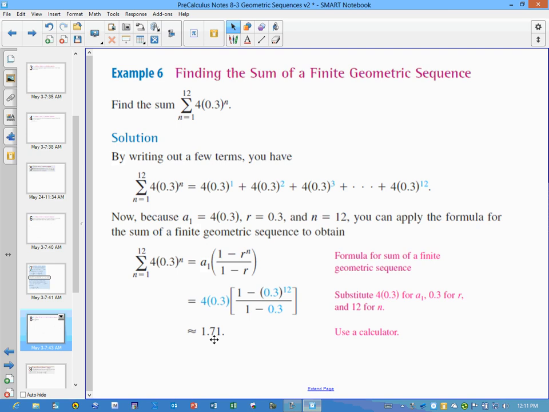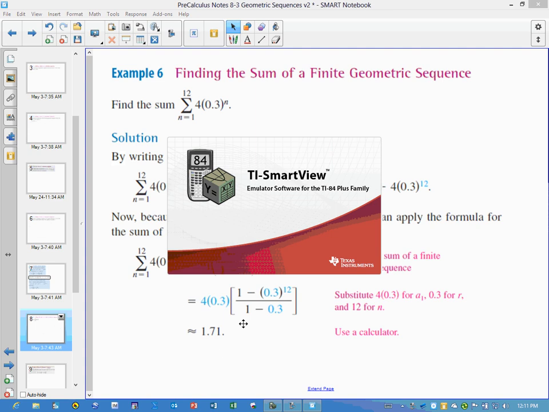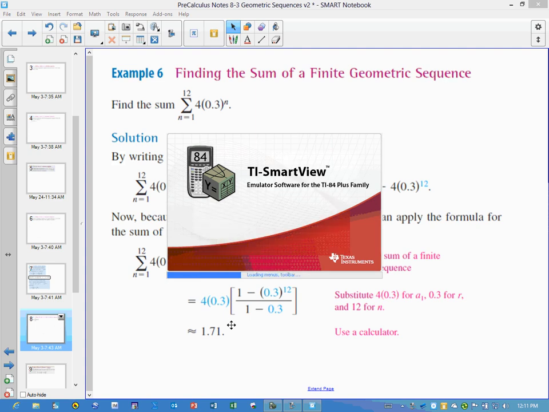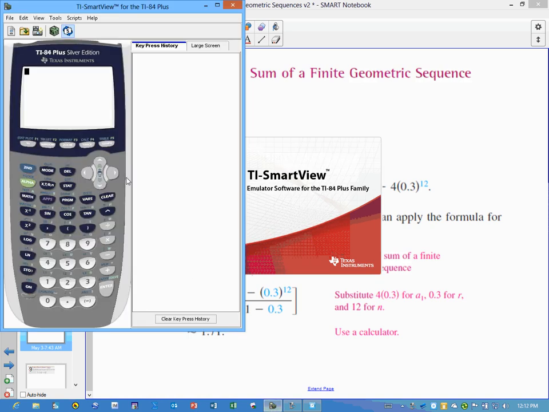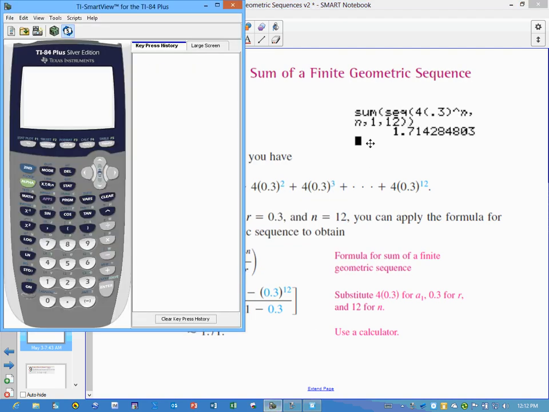Now, there is a way to do this in the calculator, and I do want to actually show you that. So let me pull up my calculator here. We learned how to find a sequence on the calculator. Now what we want to do is take a sum of that sequence. And this is what the syntax is going to look like.